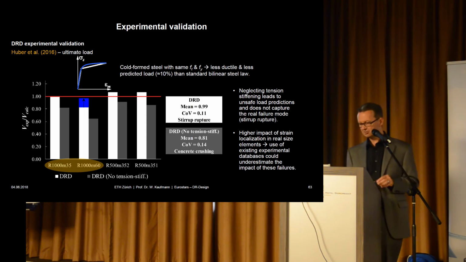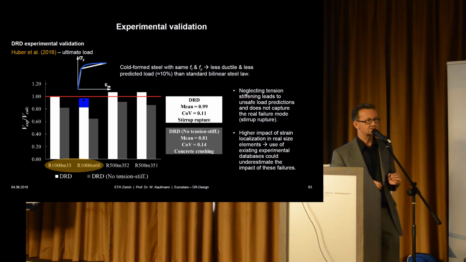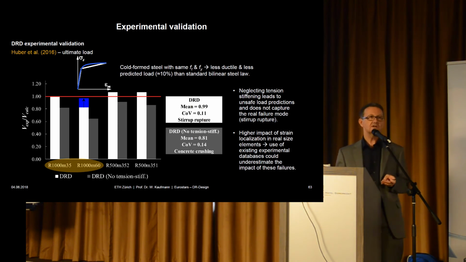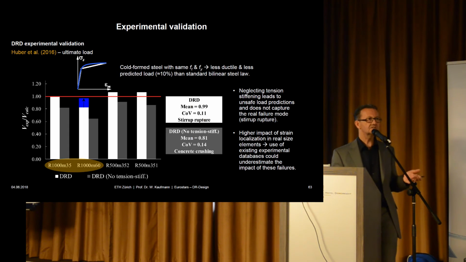We did the calculation neglecting tension stiffening, and we can see that we get unsafe results because we are not capturing the stirrup rupture there. Because in ERD, we calculate and we get this stirrup rupture, also the right failure mode that is governing. And neglecting tension stiffening may be unsafe because we are not checking the deformation capacity for this type of reinforcement.